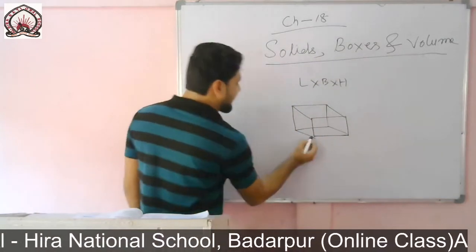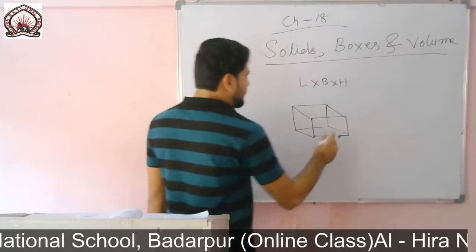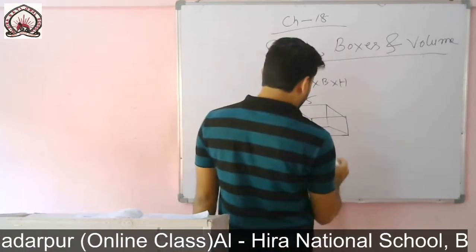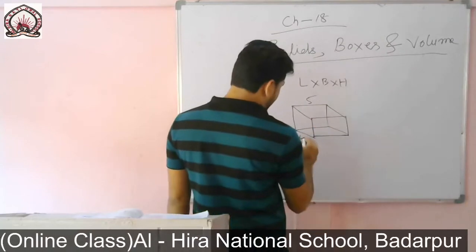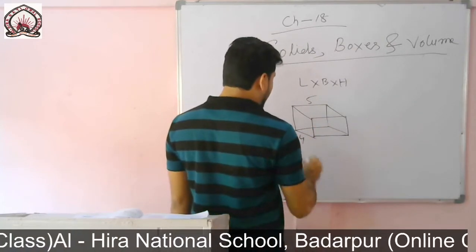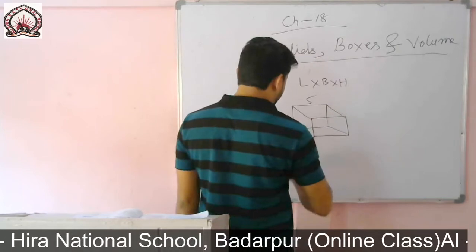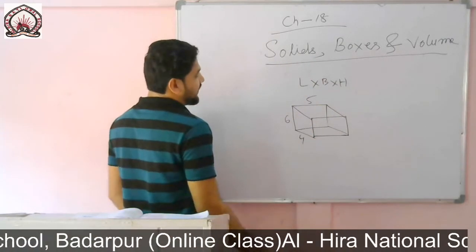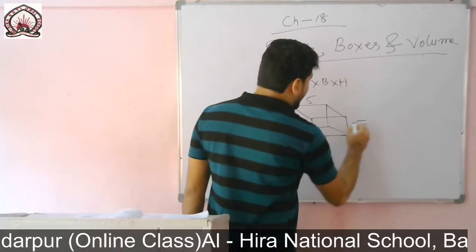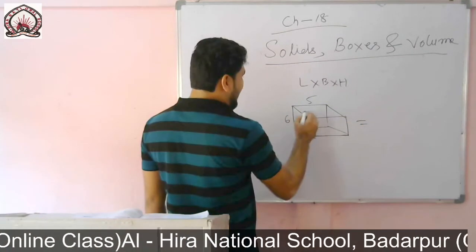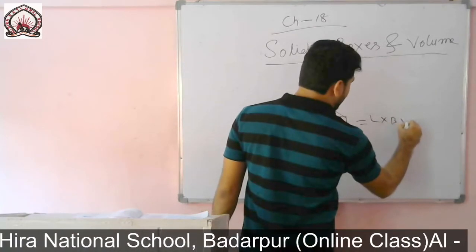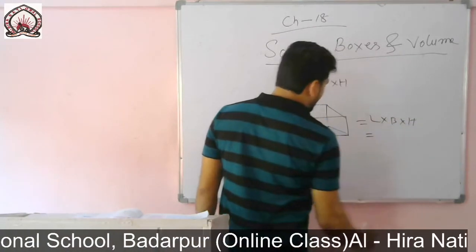Suppose this is a cuboid, with length 5 centimeter, breadth 4 centimeter and height 6 centimeter. Then we can find the volume of this cuboid by multiplying length into breadth into height.